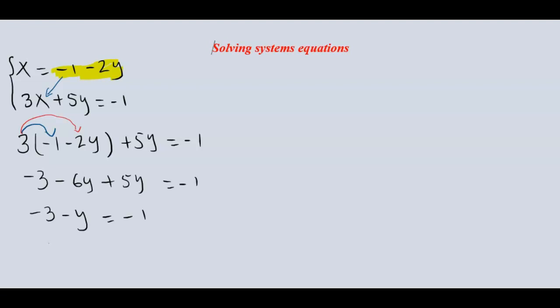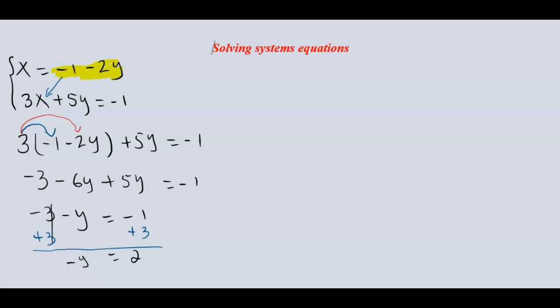Now we need to get rid of that negative 3, and to do that, we're going to add 3 on both sides. Negative 3 plus 3 is 0, so that's gone. So you have negative y by itself equal to negative 1 plus 3, which is 2.